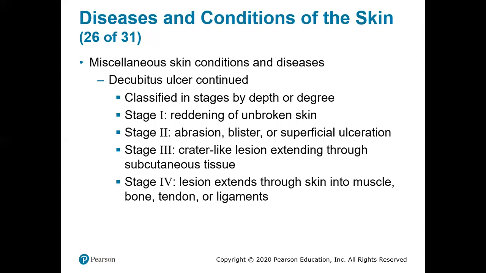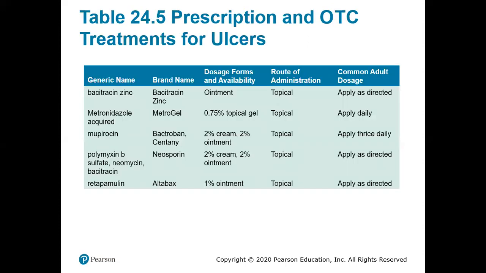In stage 4, the lesion extends through skin into muscle, bone, tendon, or ligaments. Table 24.5 illustrates prescription and over-the-counter treatments for ulcers. This is on page 370 for you to look through at your leisure.